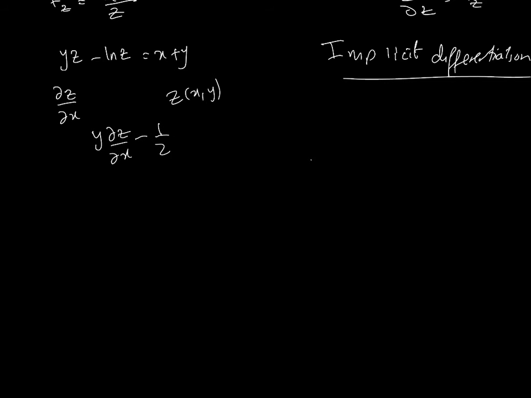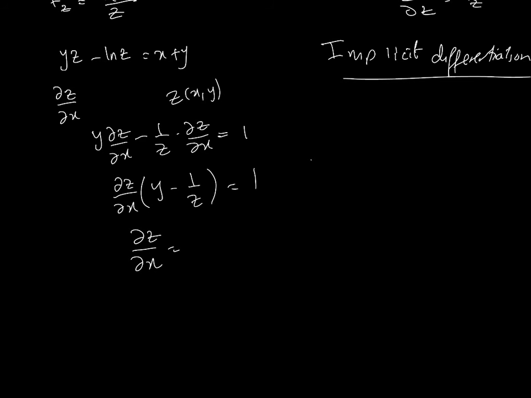Here you'd have 1 over z multiplied by partial z by x, and on the other side the x derivative of this is 1, and the x derivative of y is 0, as seen before. Now you simply rearrange the equation: partial z by x, take it out as a common factor, so you get y minus 1 over z, and that's equal to 1. Therefore partial z by x is equal to 1 over y minus 1 over z, which is z over yz minus 1.